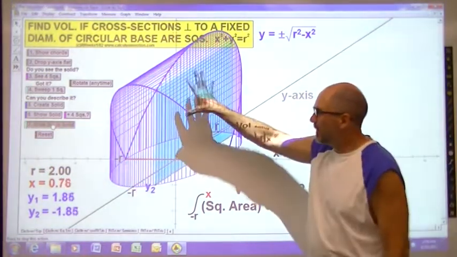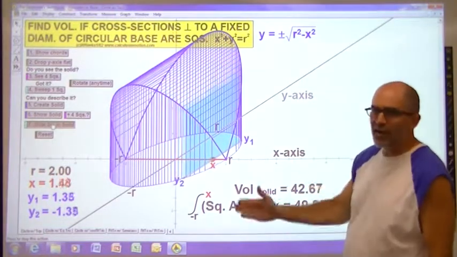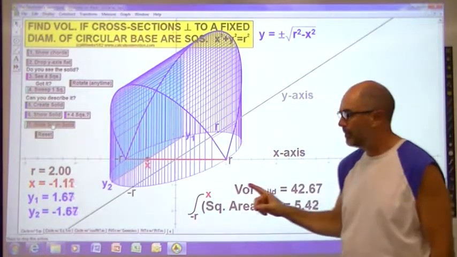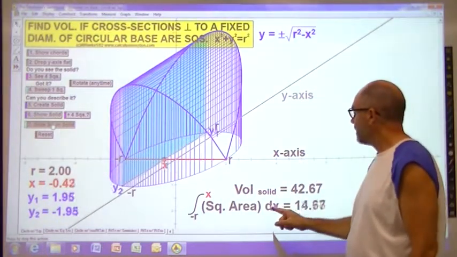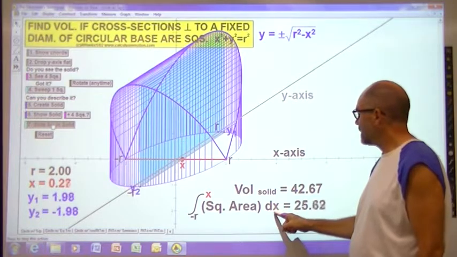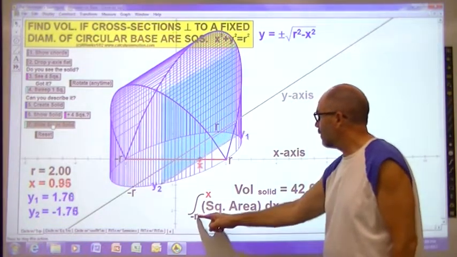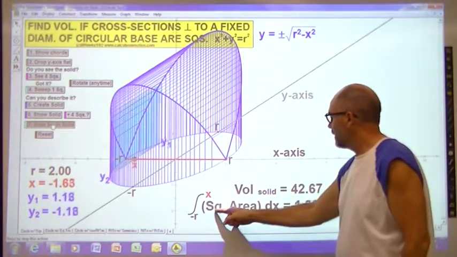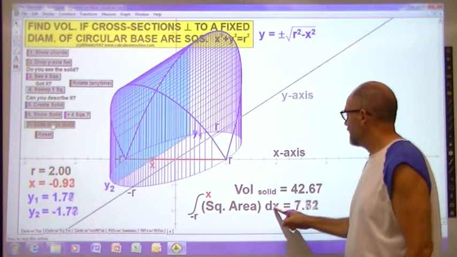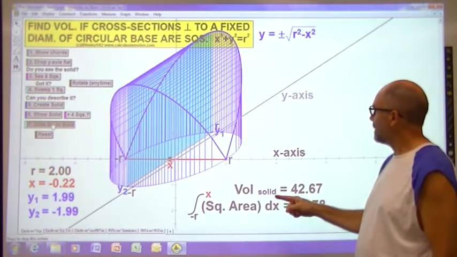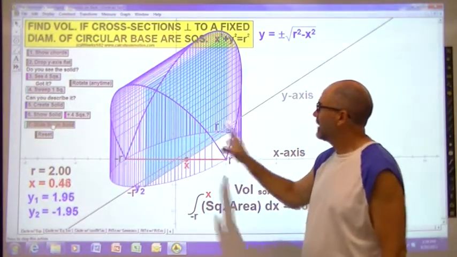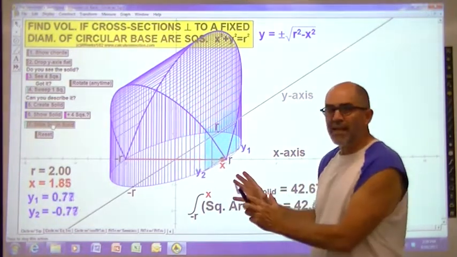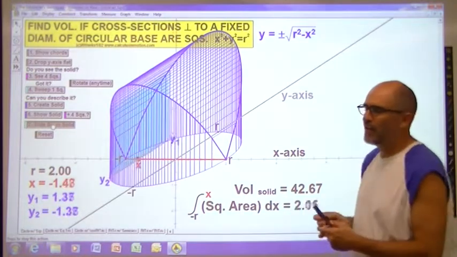Well, the volume of this thing is going to be the area of whatever the geometric shape is, in this case it's a square, times the thickness of each square. So it's the integral from negative r to r of the area dx. And the area is going to be given in terms of the base that you have. So let's try an example and you'll see what I'm saying.